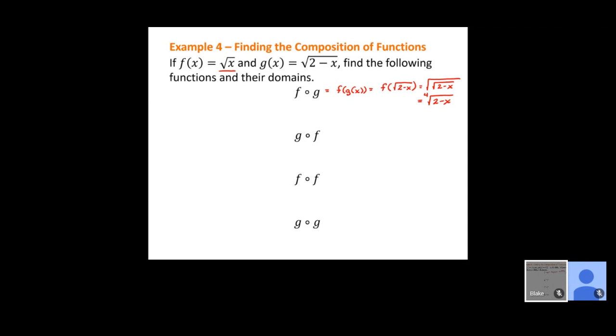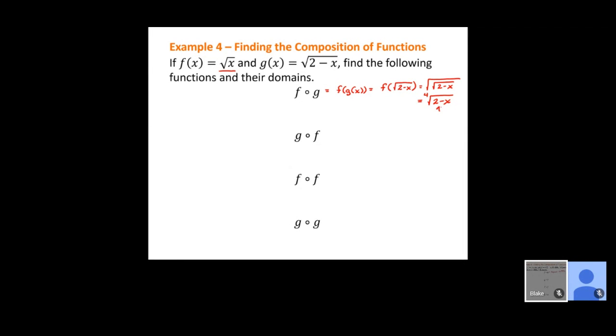Any questions on getting f of g of x now? Okay, now let's think about the domain. Again, we have to look at both the final answer and the inside function here.